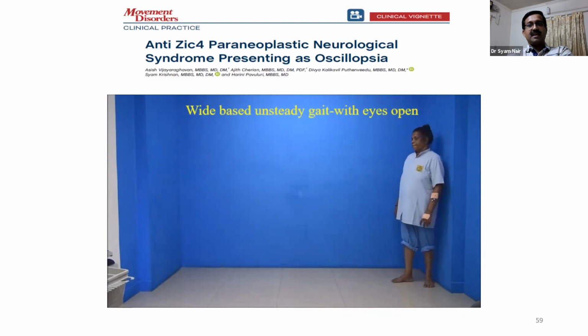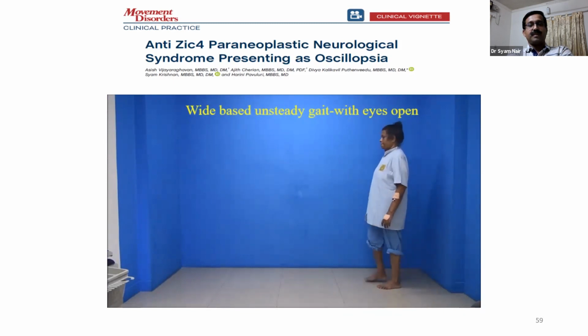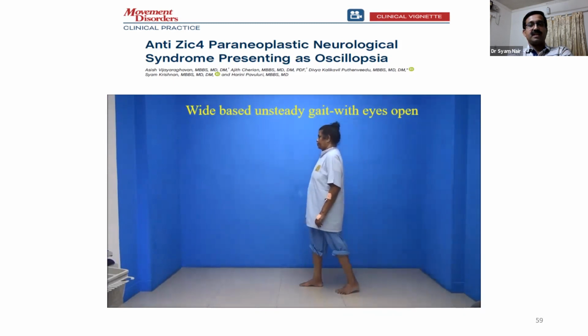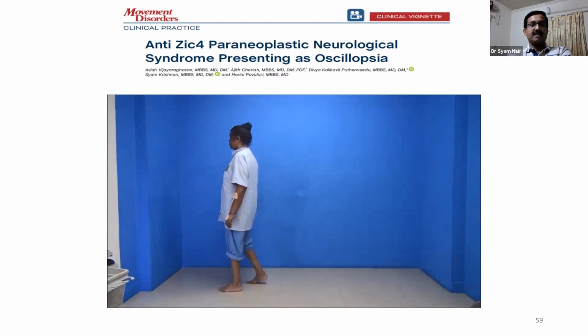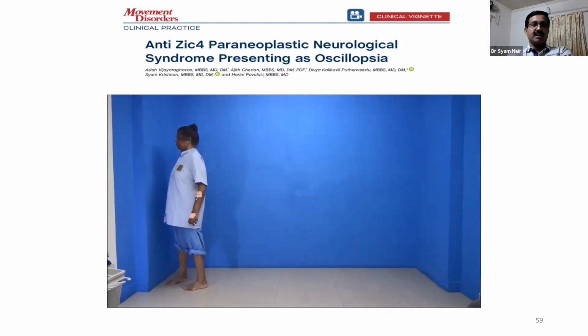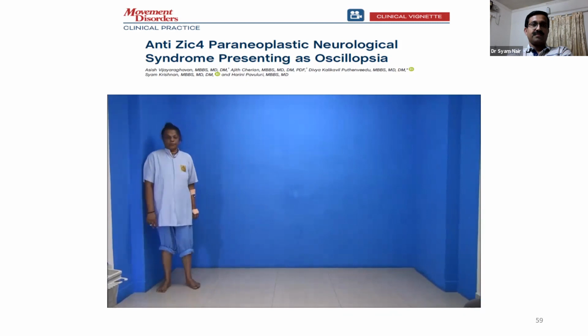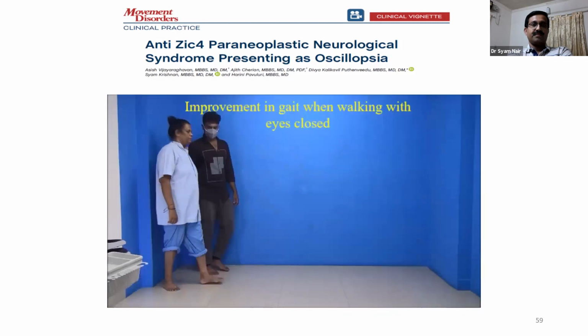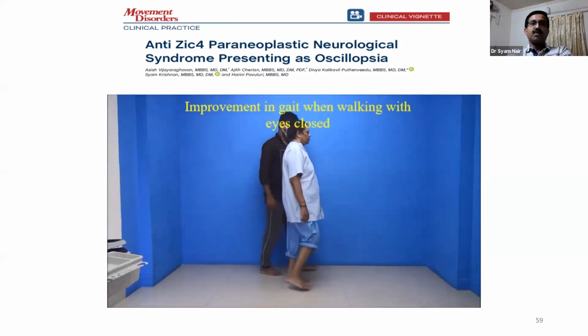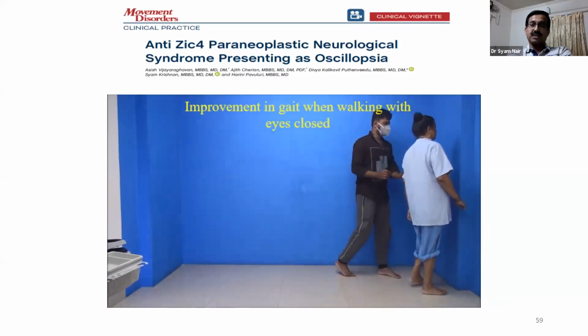And surprisingly, you can see that her gait is wide-based and unsteady. Gait improves when eyes are closed.